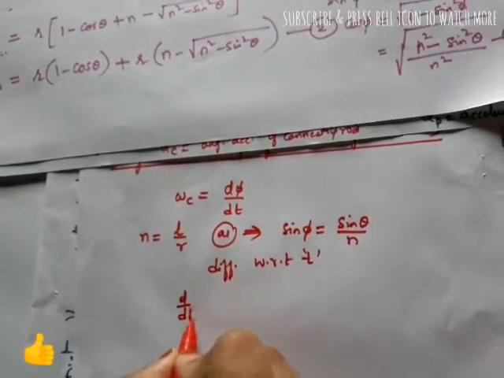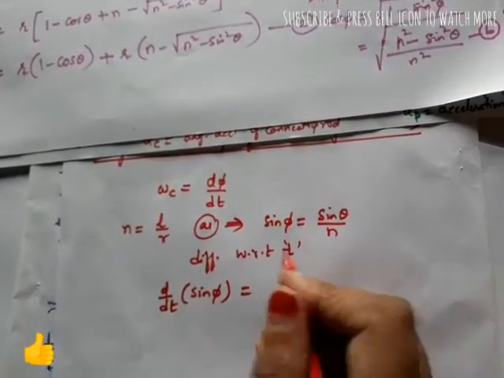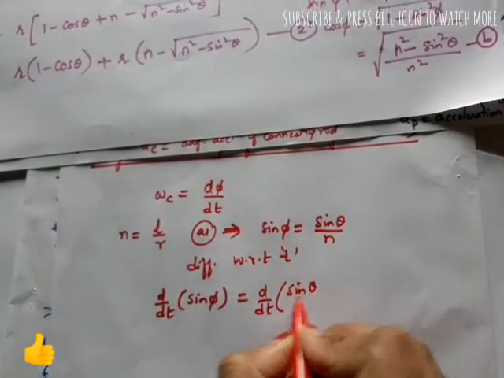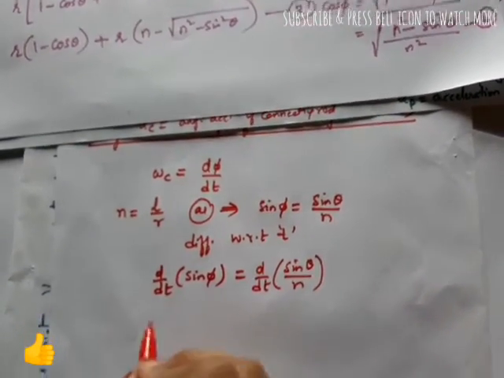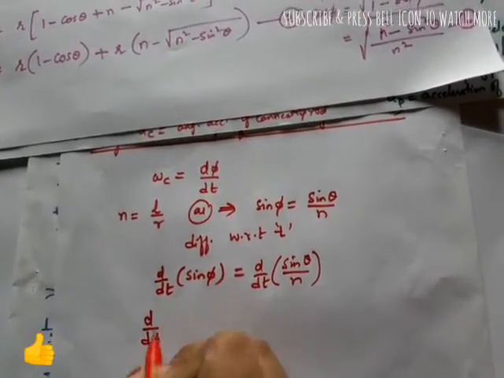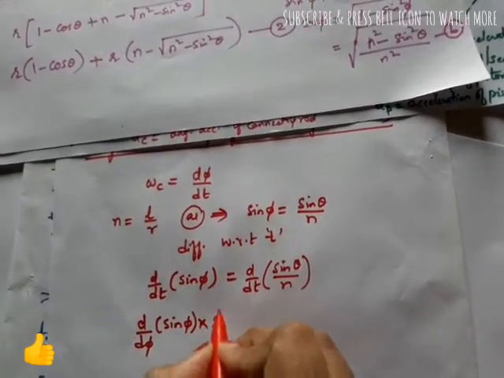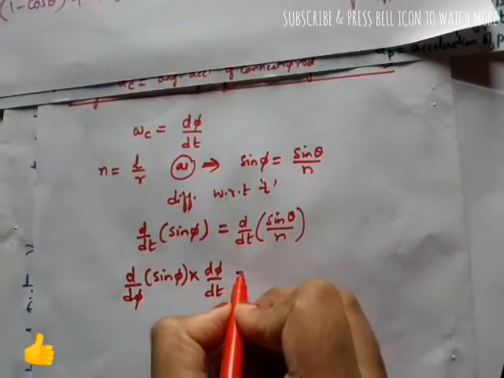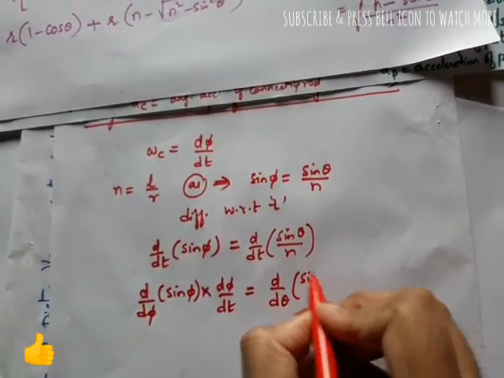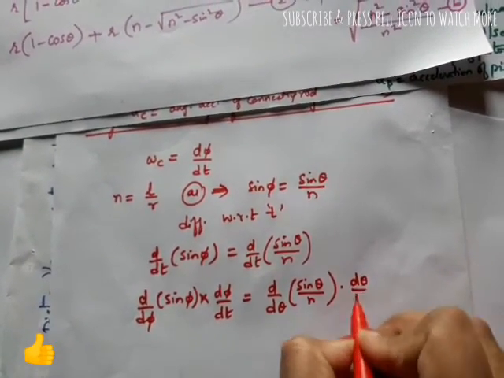So d by dt of sin phi is equal to d by dt of sin theta by n, where n is a constant. By the chain rule, d by d phi of sin phi into d phi by dt is equal to d by d theta of sin theta by n into d theta by dt.